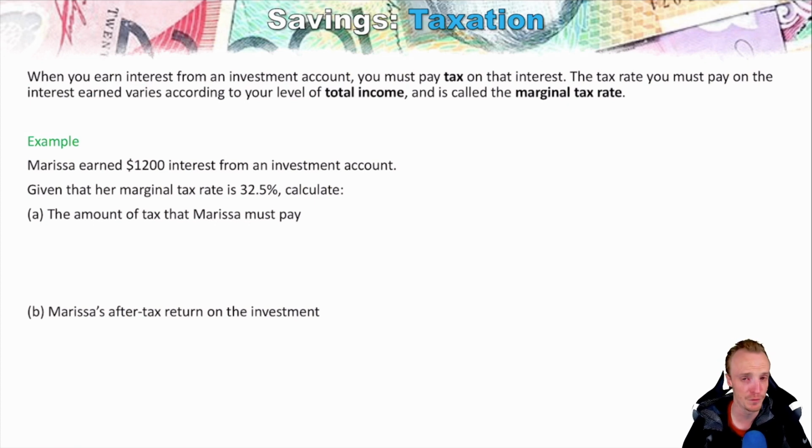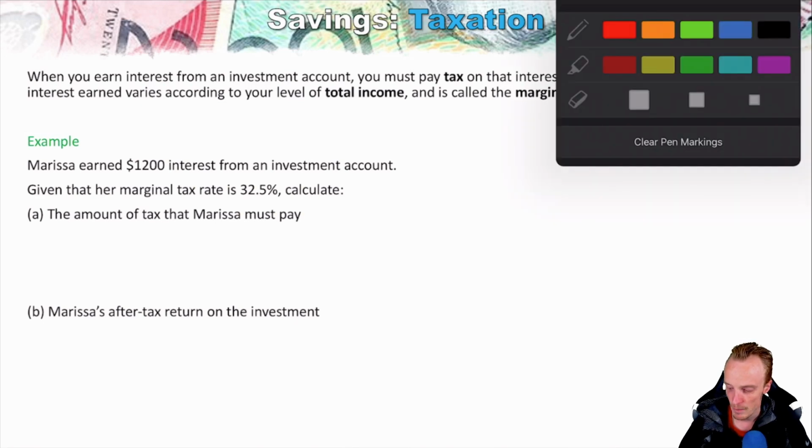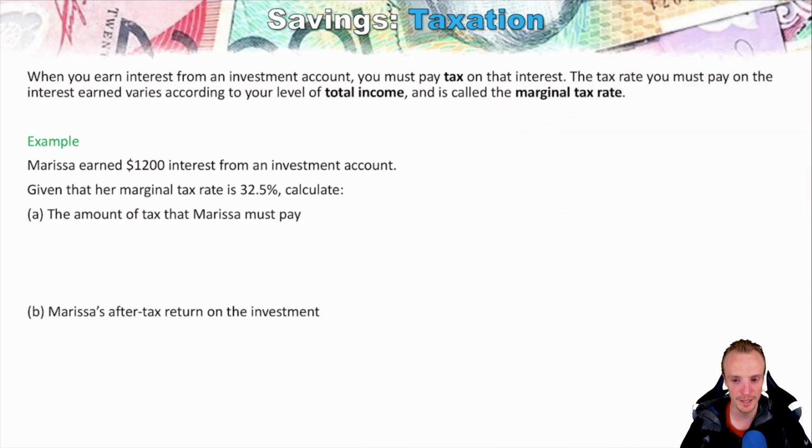There are tax-free brackets, so you're not 100% guaranteed to be taxed on everything if you are in the tax-free threshold, but once you start earning a certain amount, you'll get charged a certain percentage, and you need to pay that percentage in tax for the interest that you earn. So because it's a percentage of that amount, it is a percentage of calculation.